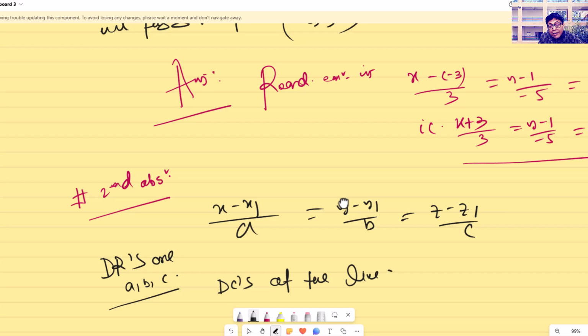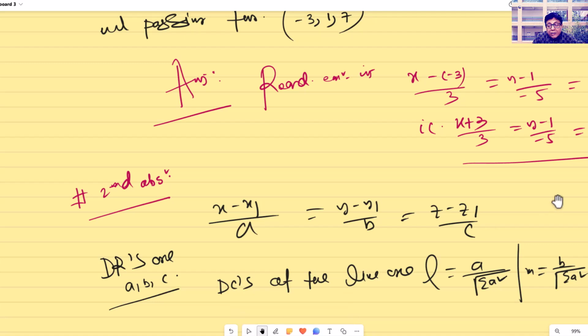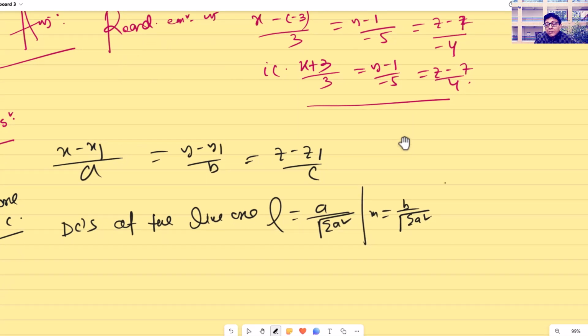The direction cosines are l equal to a by root of sigma a square, m equal to b by root of sigma a square, and n equal to c by root of sigma a square. These are the direction cosines of the line.